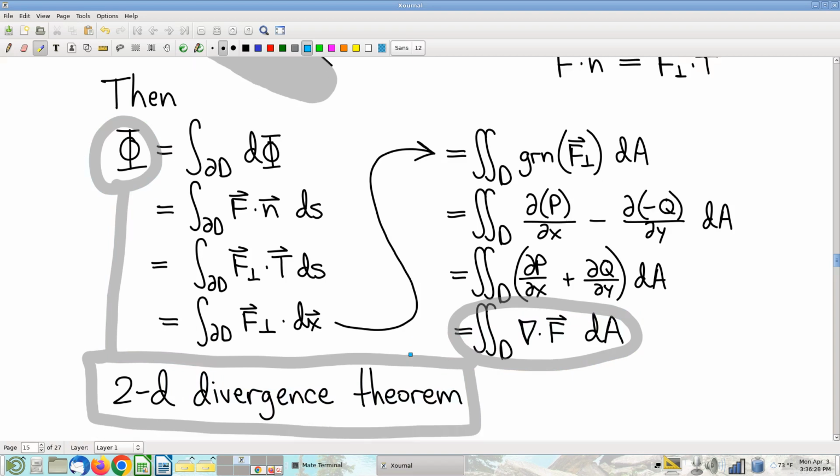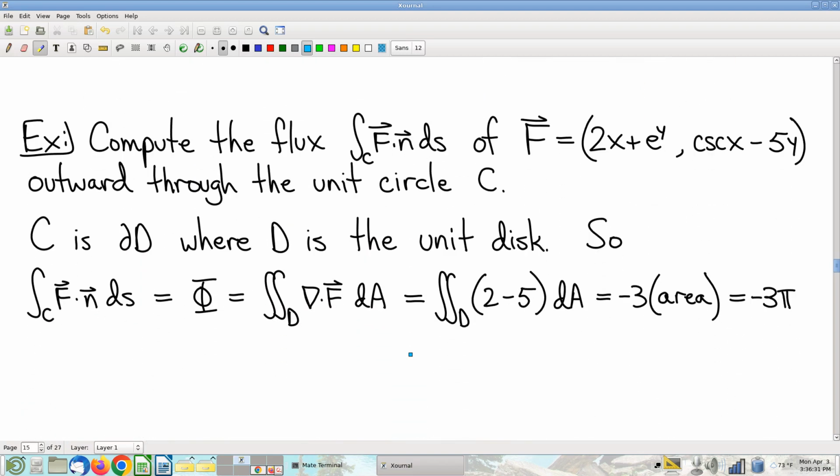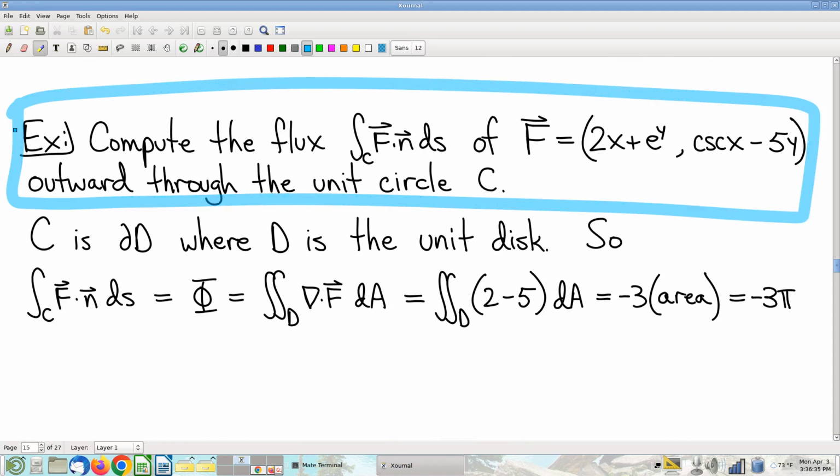Okay, so let's do a quick application. Here we go. This is an example computation. Suppose I want to compute flux. That, by the way, when you're asked to compute flux, if it doesn't indicate anything to the contrary, assume outward oriented. Right?